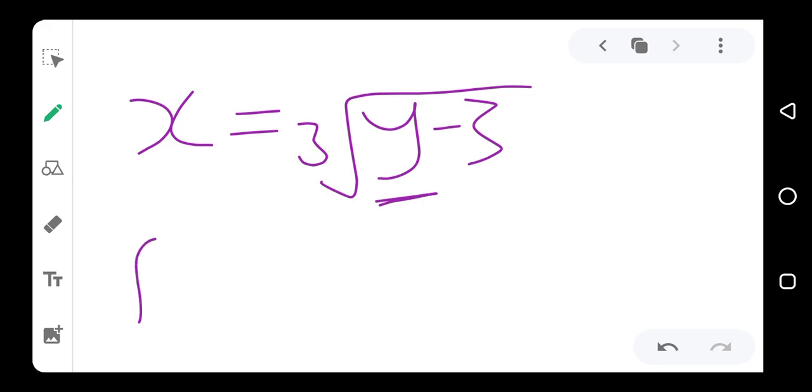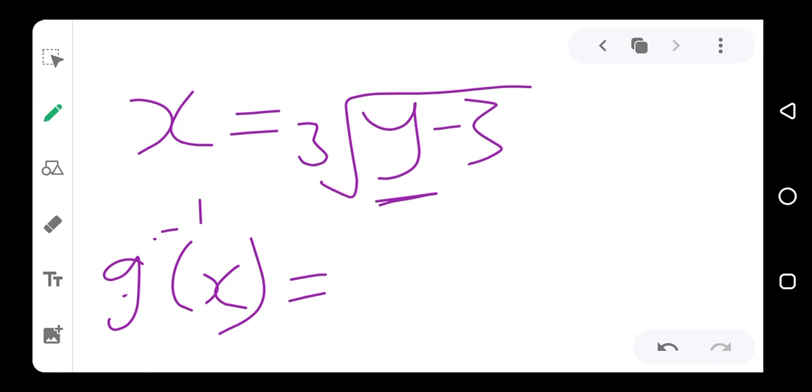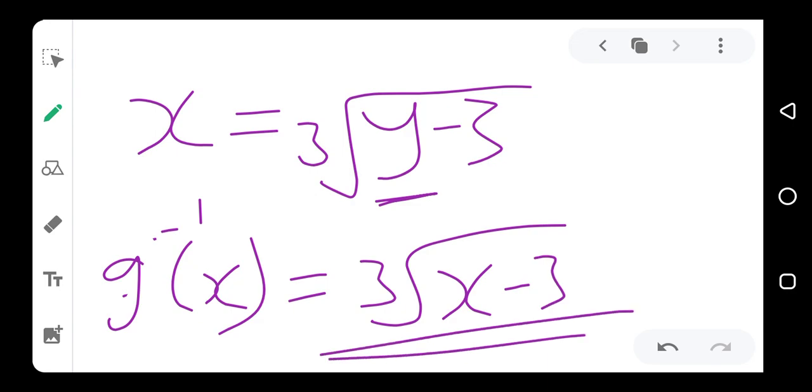So we have that f inverse of x, or in this case we can also say G inverse of x, is equal to cube root of x minus 3. So this is the answer.